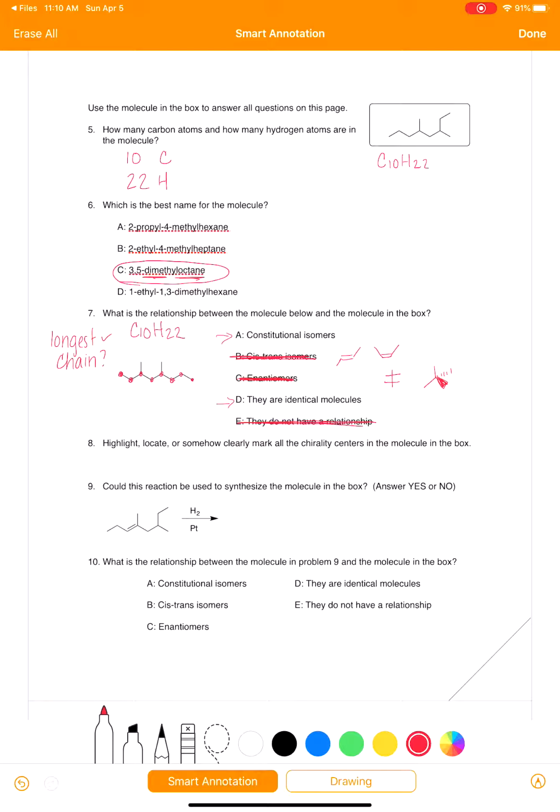They match in terms of their longest chain. Now we want to look at the branches. Where are the branches? In the molecule in the box, our branches were on 3 and 5. Ooh, same thing. So this one has the same parent chain. It has the same branches on the same carbons. That means that they are just 2 different drawings of the exact same molecule.